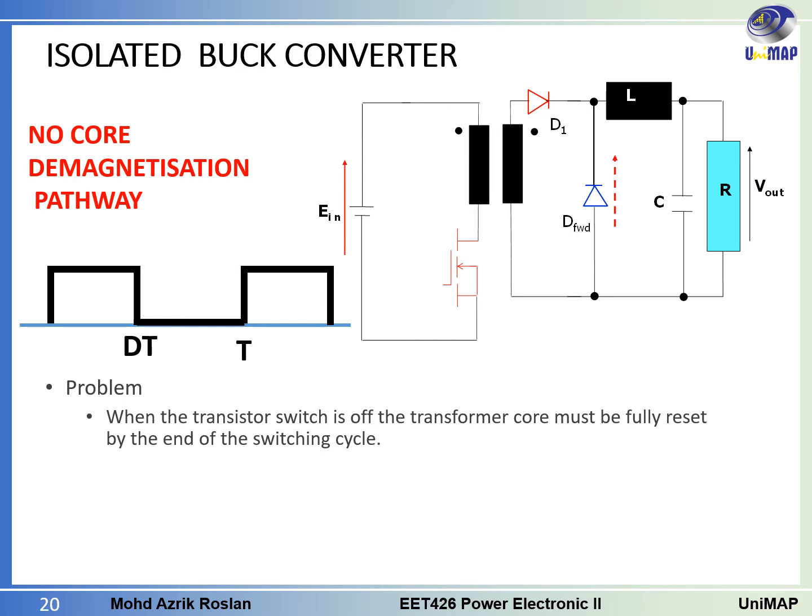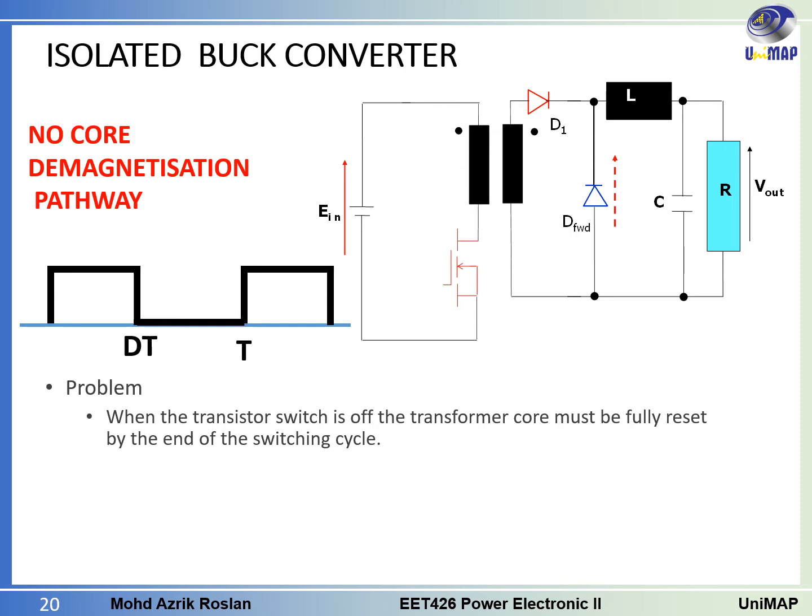So there will be some induction occurring in this secondary, and then due to the positive terminal here, this one will be forward biased and the current can flow here. So this is the normal operation.